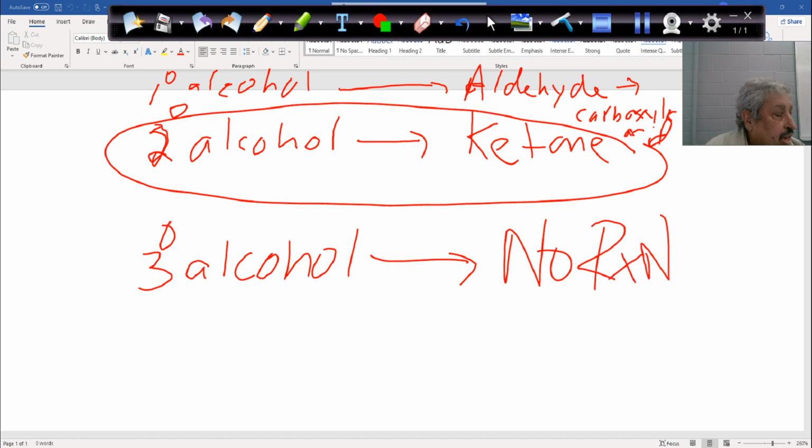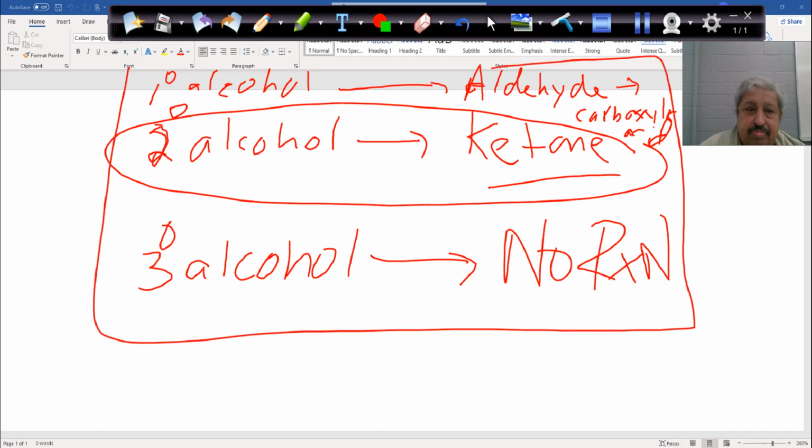So, now we have three types of oxidation. Not combustion, pure oxidation. That's oxidation using oxidizing agents such as hydrogen peroxide or potassium permanganate. So the primary alcohol gives you aldehyde. Then it can be oxidized further to carboxylic acid. The secondary alcohol gives you ketones. Tertiary alcohol, no reaction.